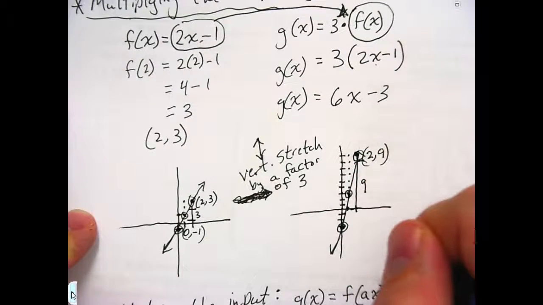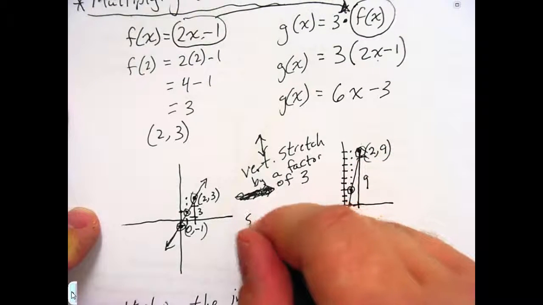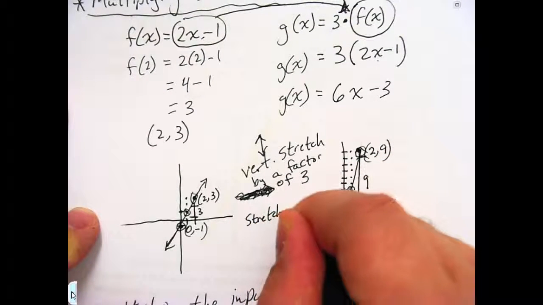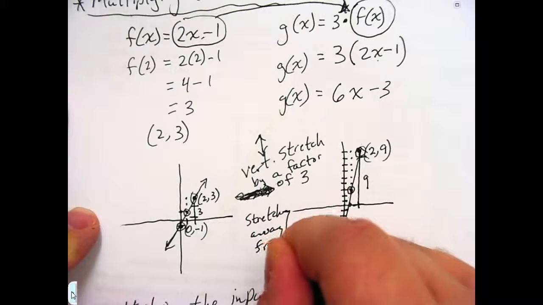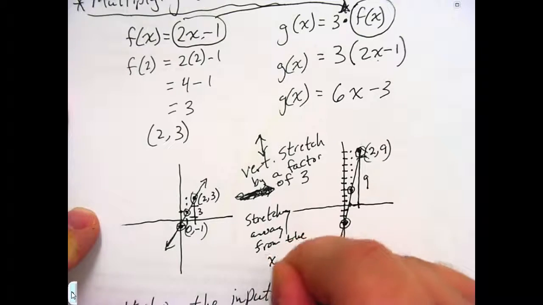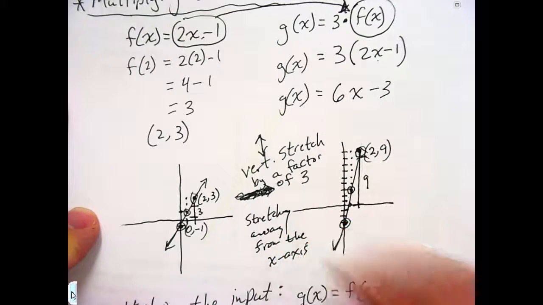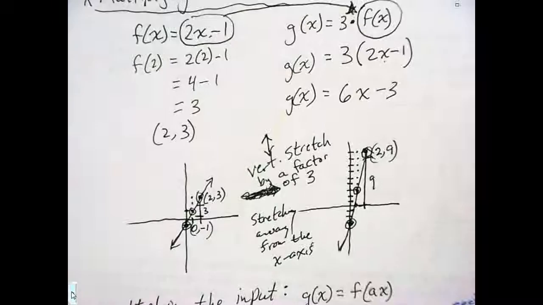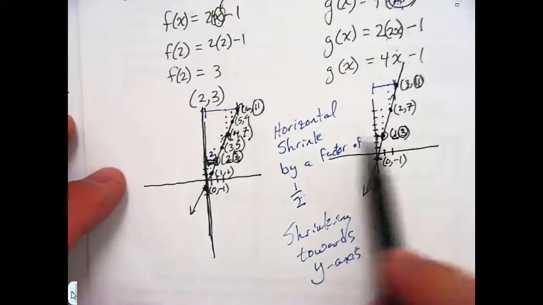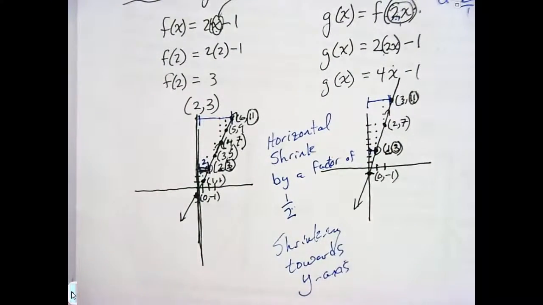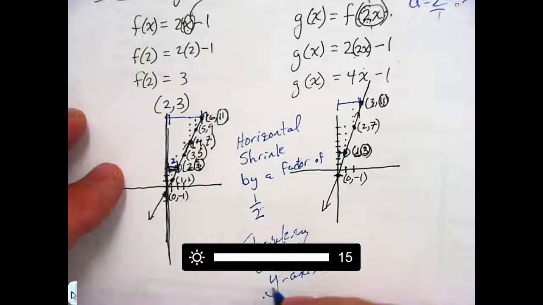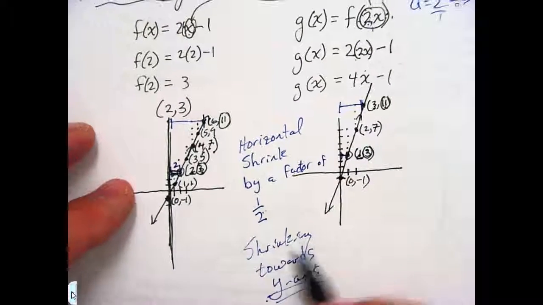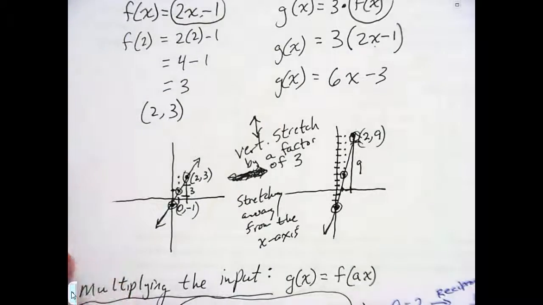That one's 9. You're stretching away from the x-axis. So when you're going vertical, you're moving away from x or towards x. When you're going horizontal, you're moving away from y or towards y. Just make a note to yourself.